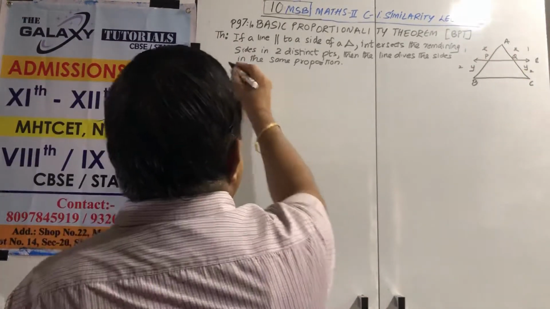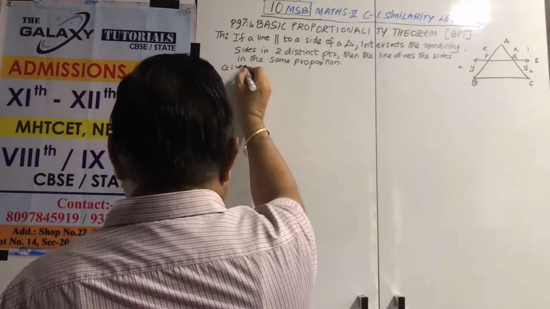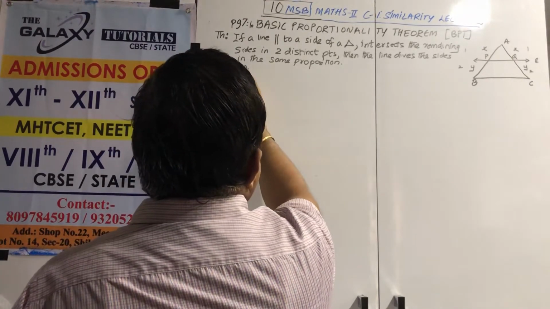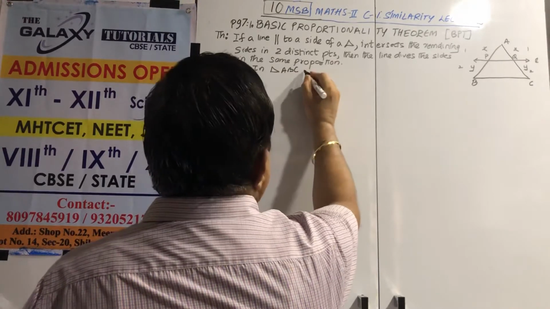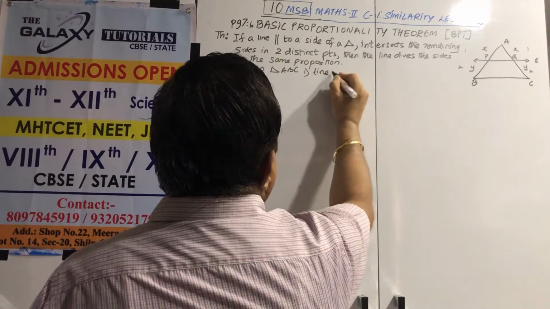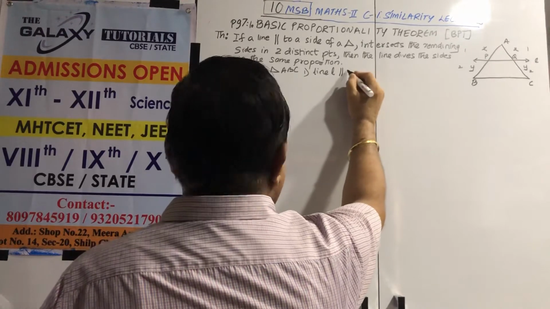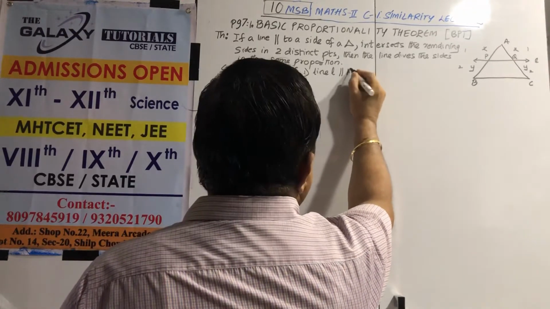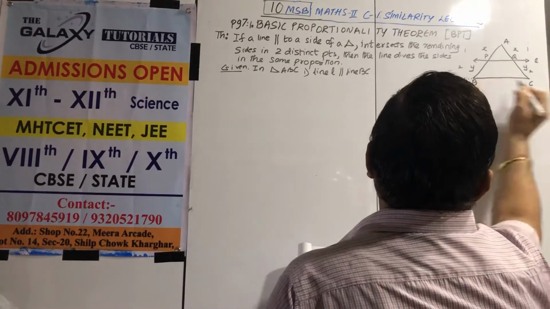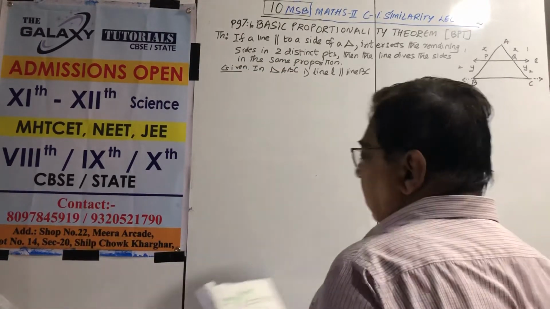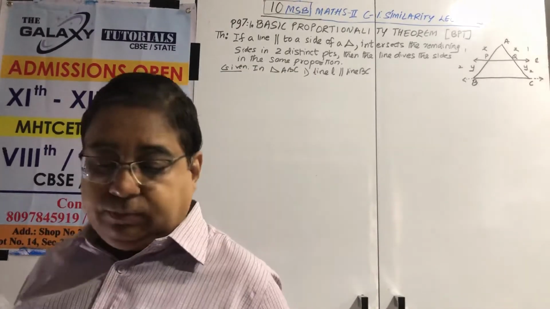So first, given: in triangle ABC, first, line L is parallel to line BC. We have not drawn it, but technically it will also be a part of the line, the side of a triangle.